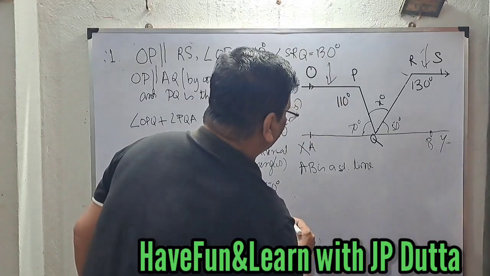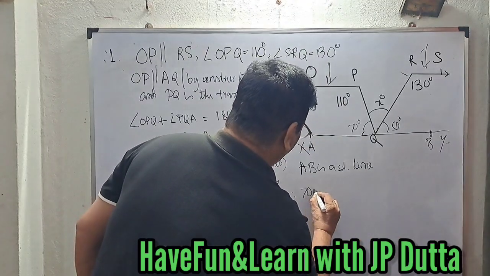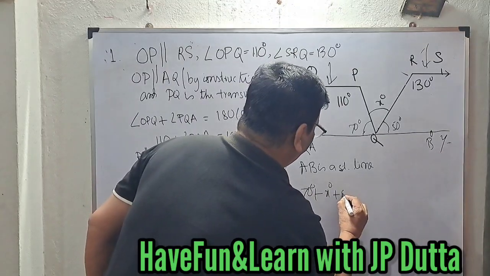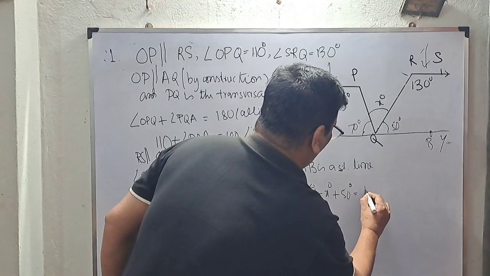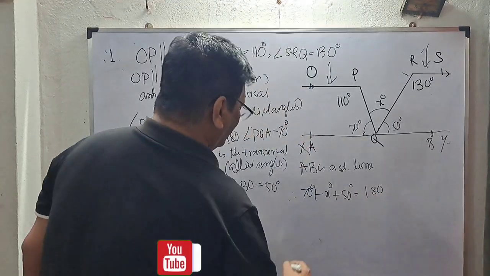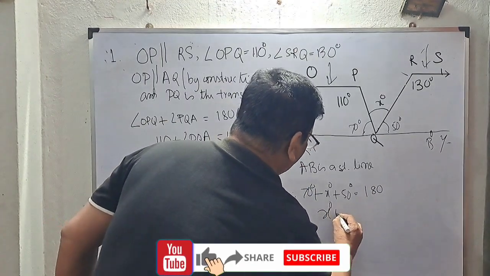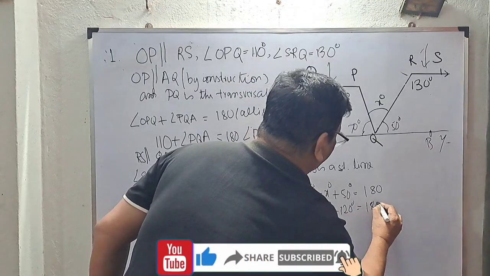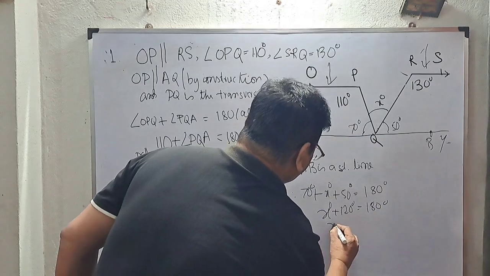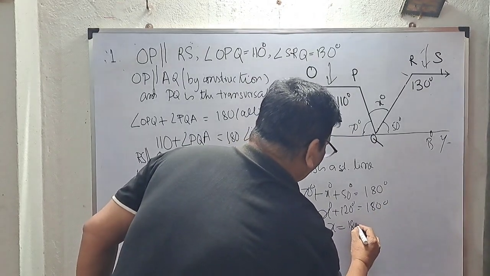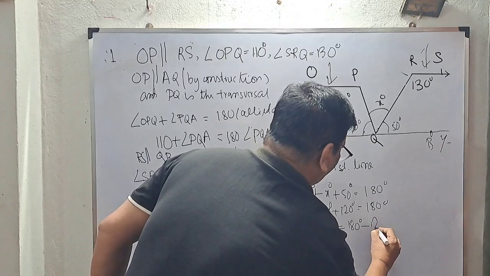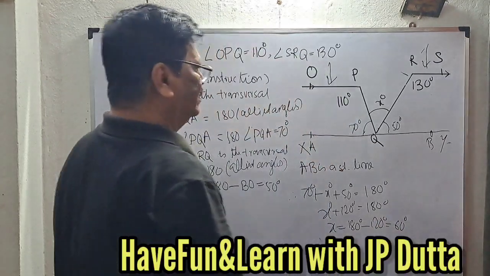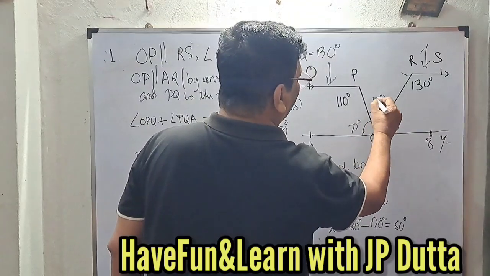Therefore, 70 plus x degree plus 50 degree is equal to 180 degree. So x degree plus 120 degree is equal to 180 degree. So therefore you get x is equal to 180 minus 120 is equal to 60 degree. Right? So this angle is now equal to 60 degree.